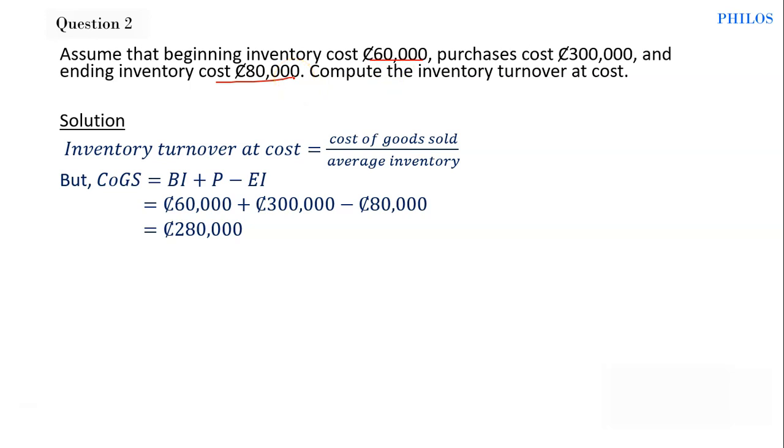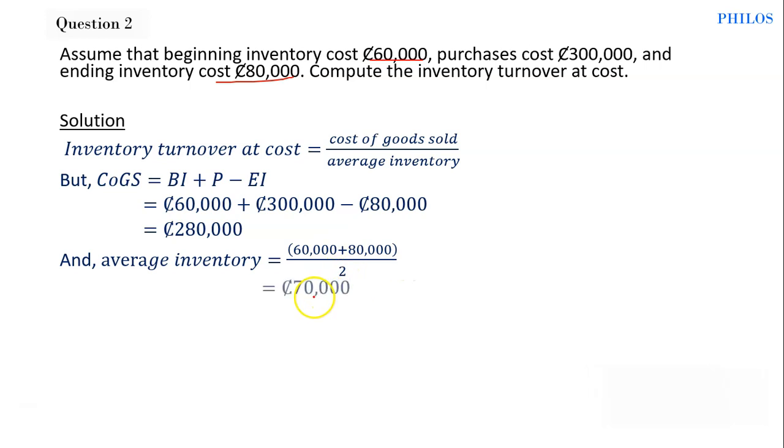It's not monthly, it's not semi-annually, and it's also not quarterly. So to find the average inventory will be the beginning, which is 60,000, plus the ending, which is 80,000, all divided by 2. So 60,000 plus 80,000 will give you 140,000. Then you divide it by 2, you get 70,000 cedis. So the average inventory is 70,000 cedis.